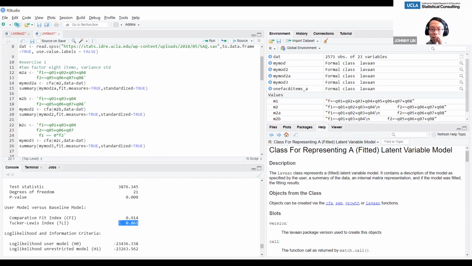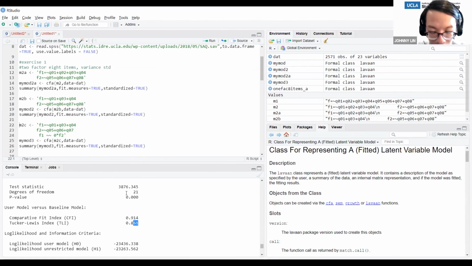The strange thing is that the CFI went up, but the TLI went down, right? Is that what you're saying? Yep. That is interesting. It might have something to do with the formula itself, because the TLI uses something called relative chi-square, and the CFI uses basically the non-central chi-square. So there could be some slight differences in the pattern.